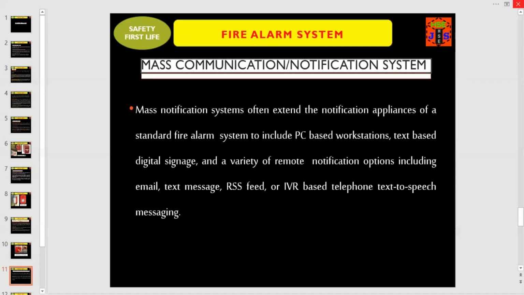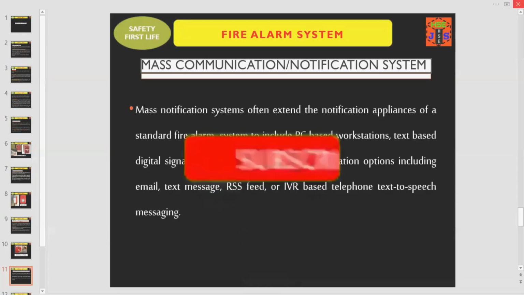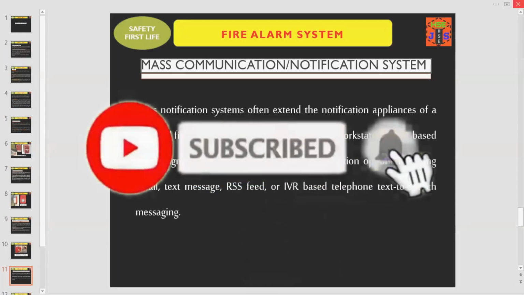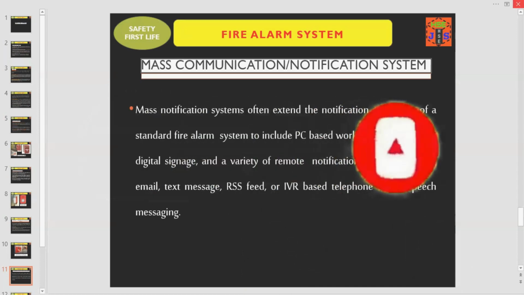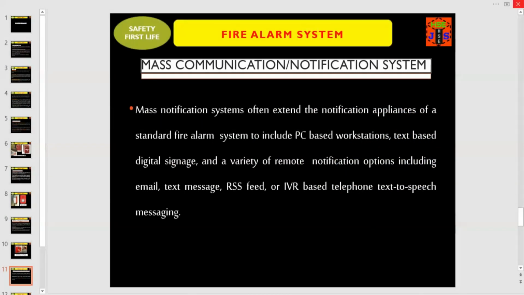Do you know what is mass communication and notification system? Mass notification systems often extend the notification appliances of a standard fire alarm system to include PC-based workstations, text-based digital signage, and a variety of remote notification options, including email, text message, RSS feed, or IVR-based telephone text-to-speech messaging.